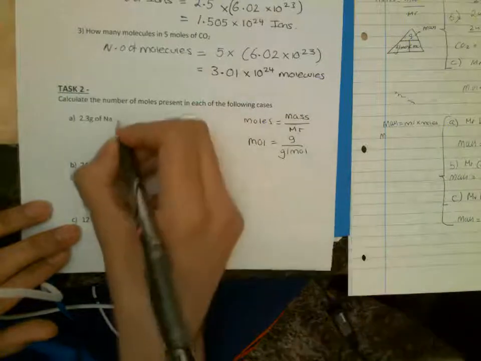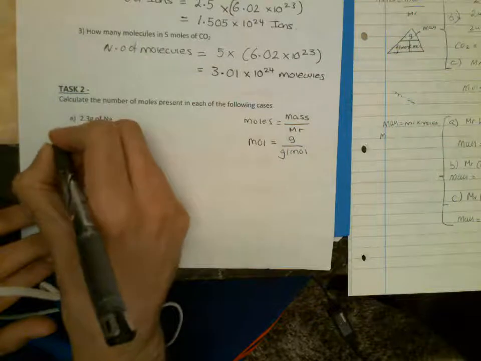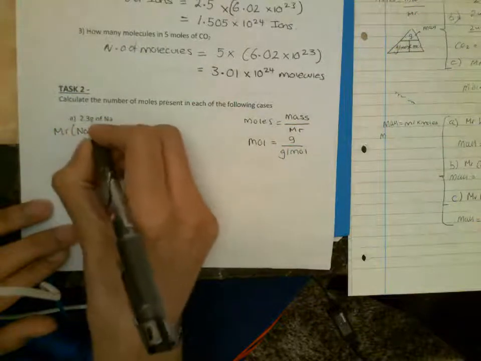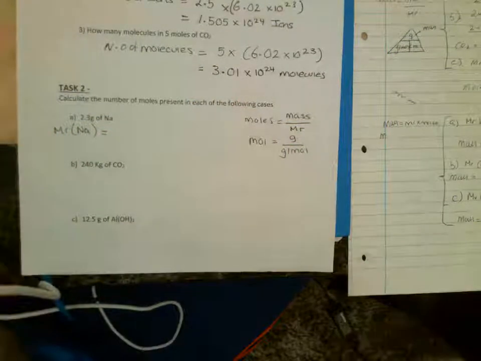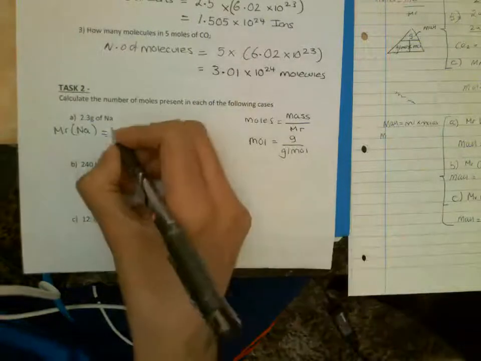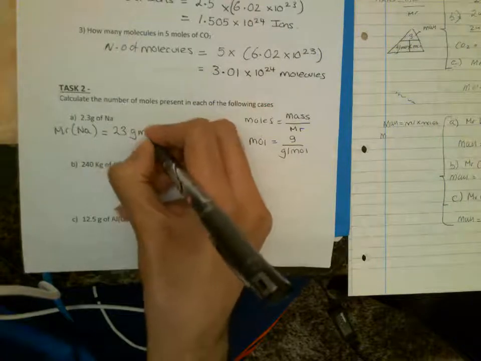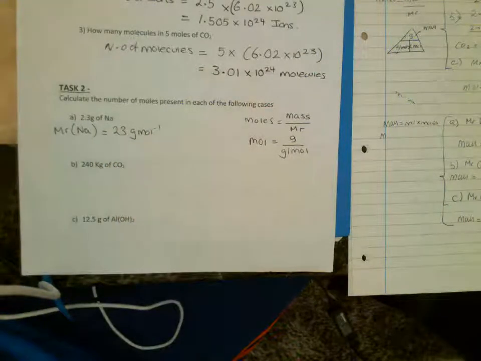So sodium. What is the MR of sodium? Or in this case, more technically, it would be the AR, the atomic mass. It's 23 grams per mole.